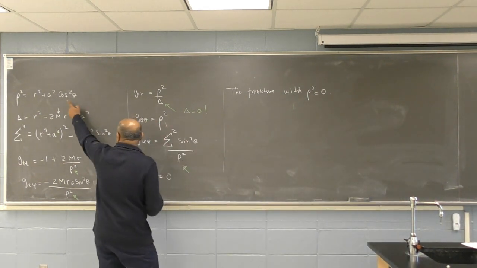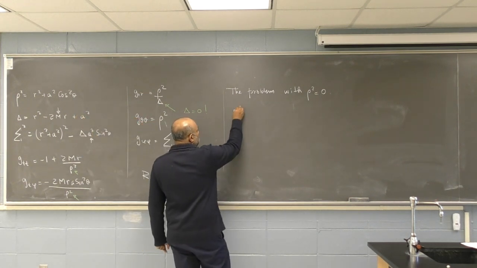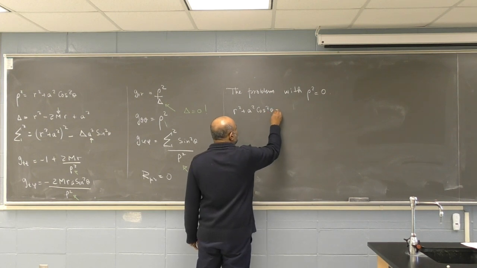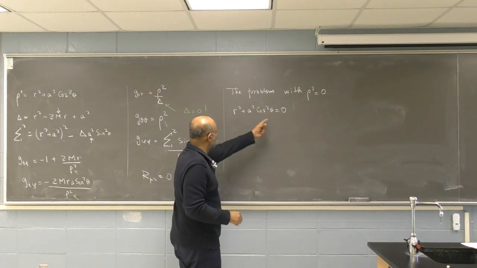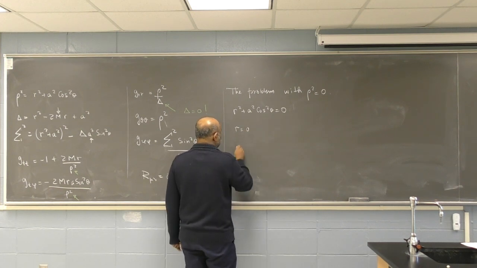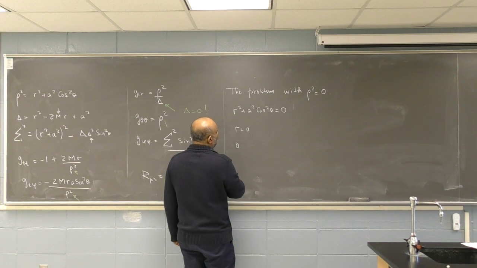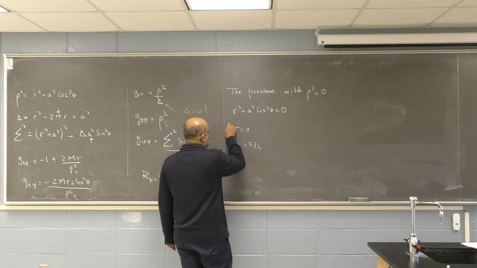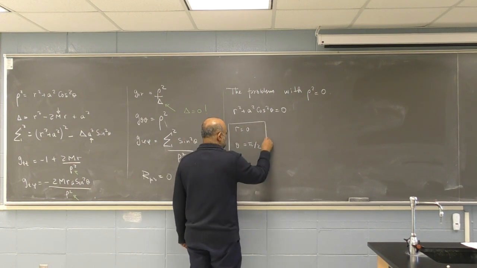If you look at rho squared, it's r squared plus a squared cosine squared theta equals 0. They're all positive terms, so this can happen when r equals 0 and cosine theta is 0, or theta equal to pi over 2, simultaneously.